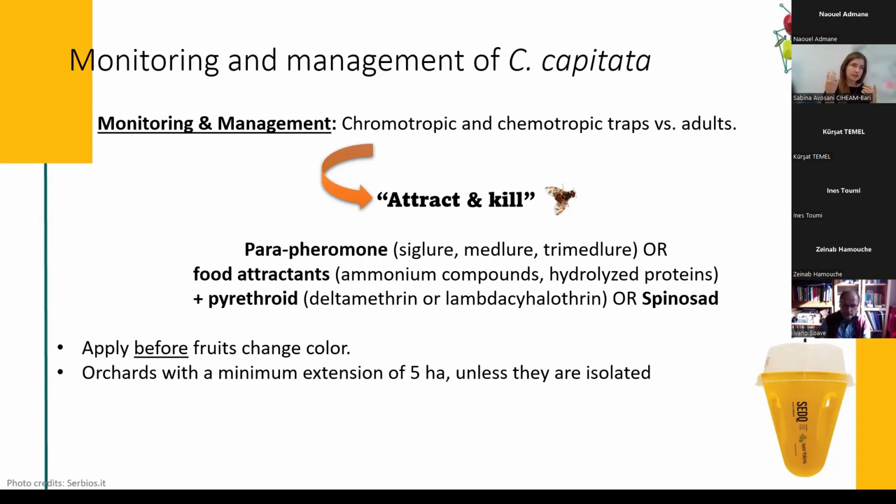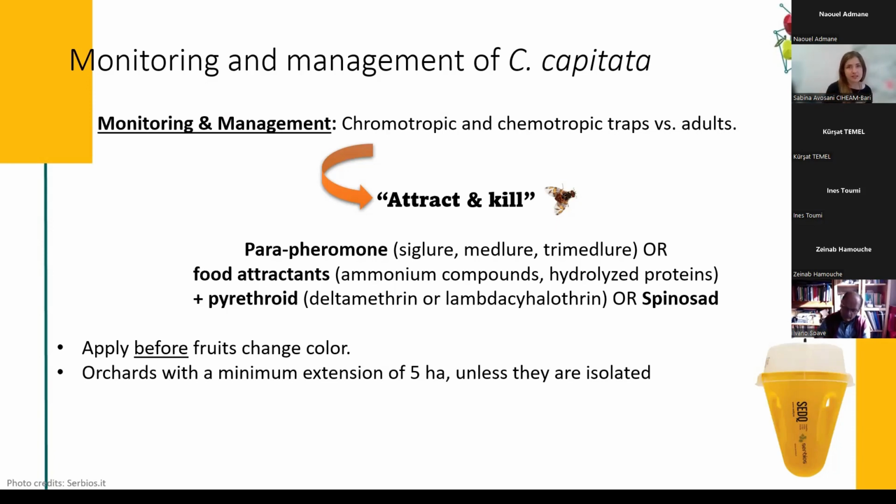So there are these traps which contain a parapheromone or a food attractant. The parapheromone are usually targeting the males, while the food attractant, which are commonly mimicking or made of proteins, attract both the male and the female, because the adults, to reach the sexual maturity, need to feed on proteins.